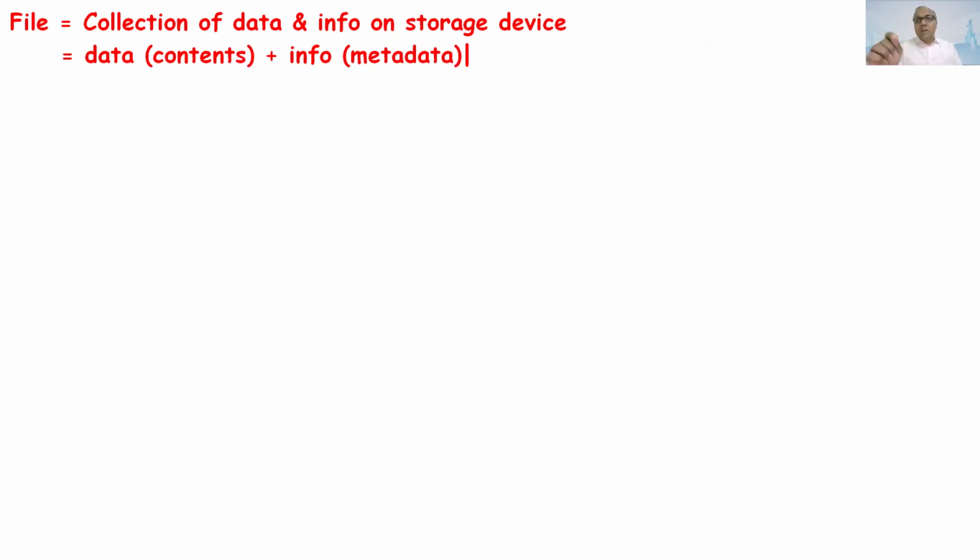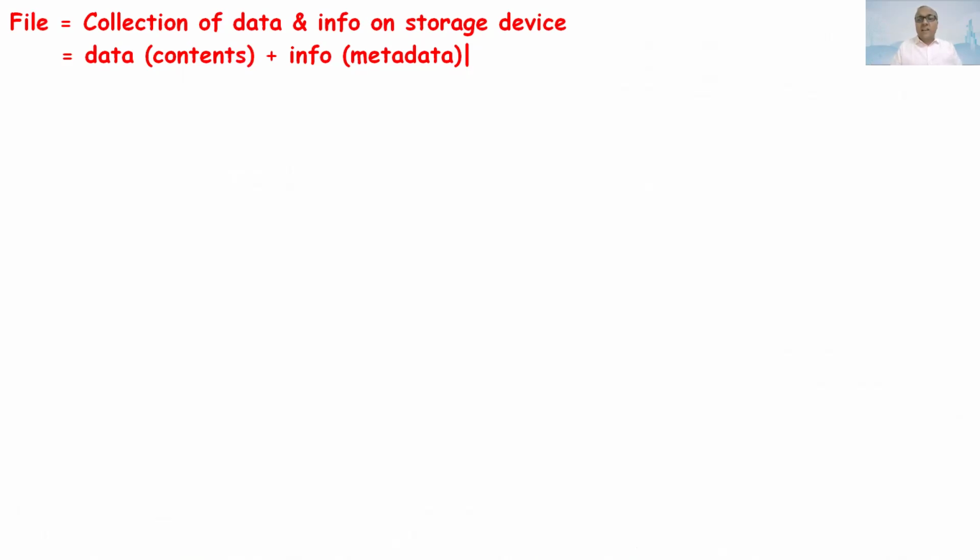If you double click a file, it gets opened in some software, and whatever you see over there is the data or content of the file. But when you right click it and go to the properties, whatever you see is basically the metadata. This metadata includes the name of the file, size of the file, user of the file, and other file attributes.